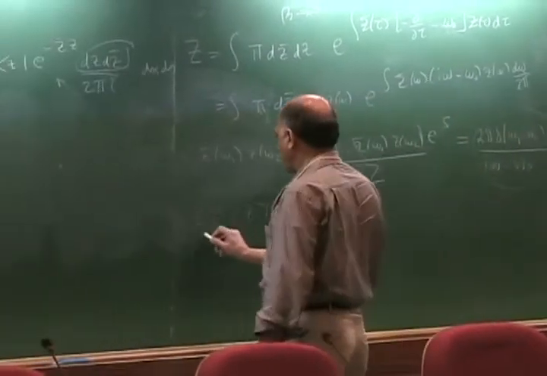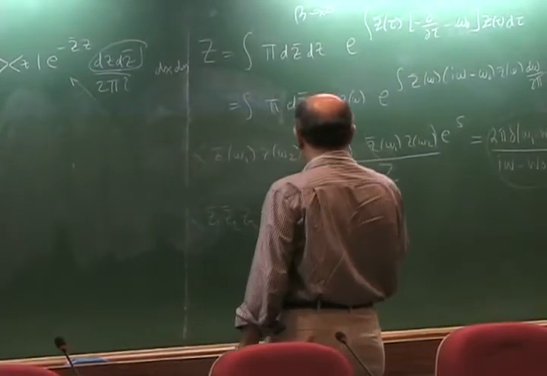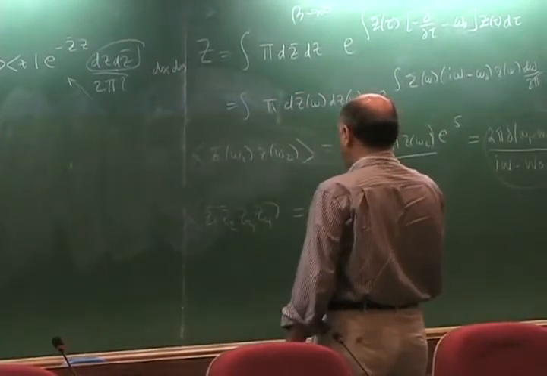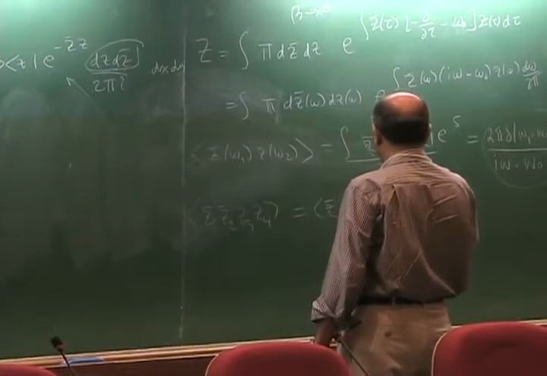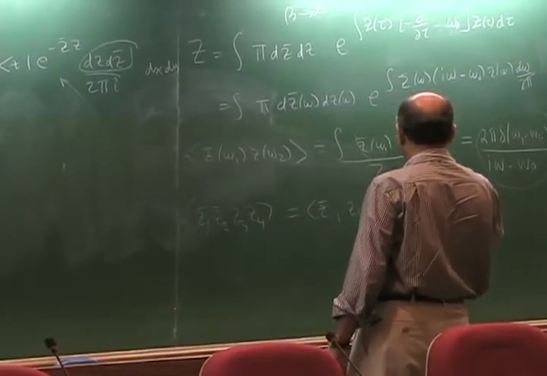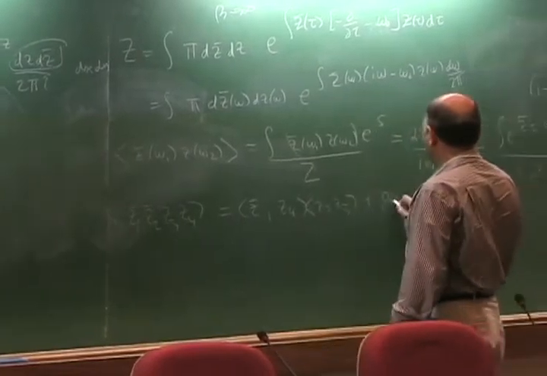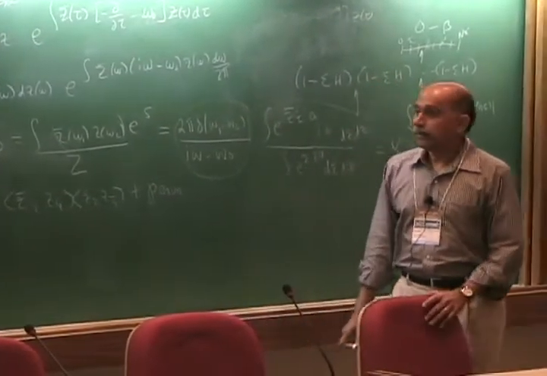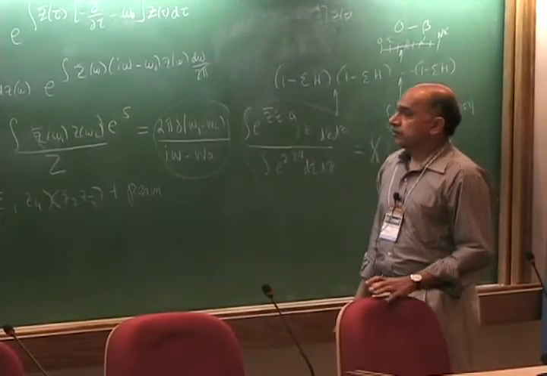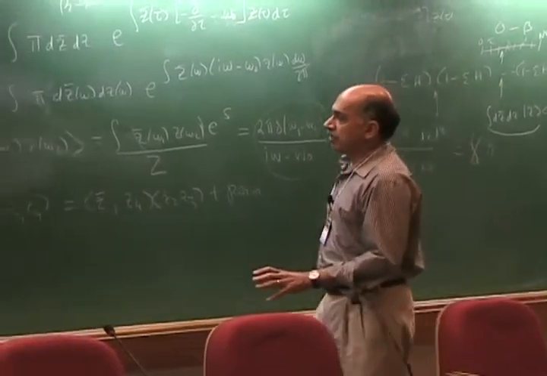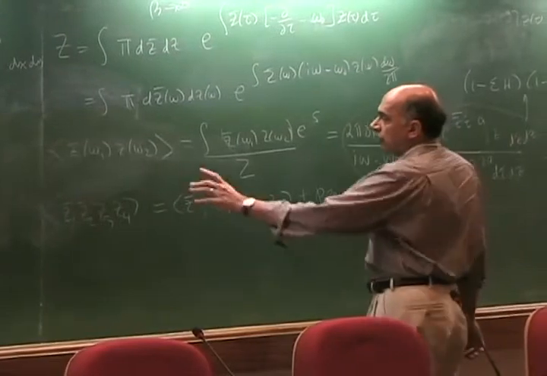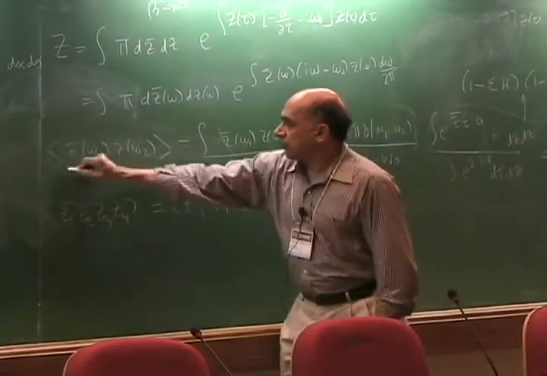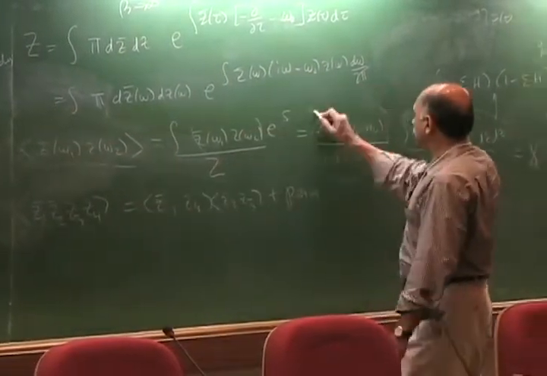If you call them 1, 2, 3, 4, you will find it's like z bar 1, z4, z bar 2, z3, and a lot of permutations. So the averages that one is always interested in can all reduce to knowing this single average.